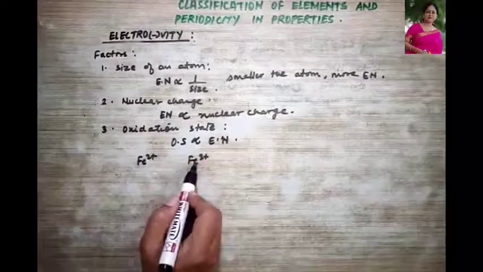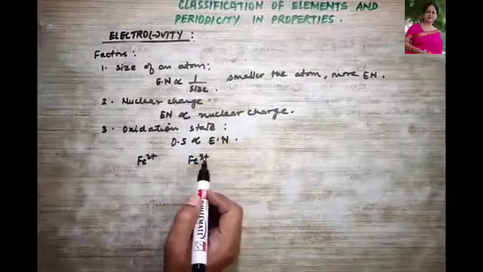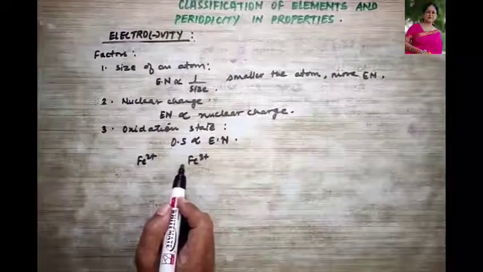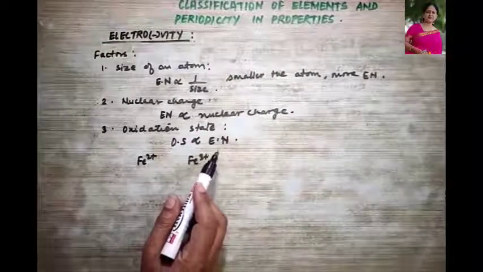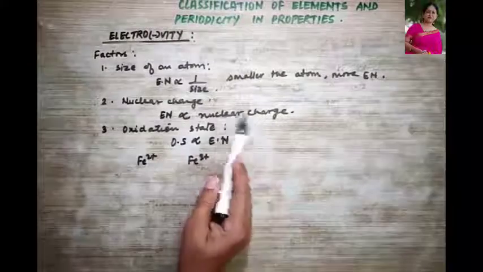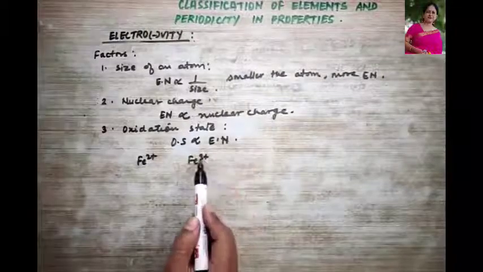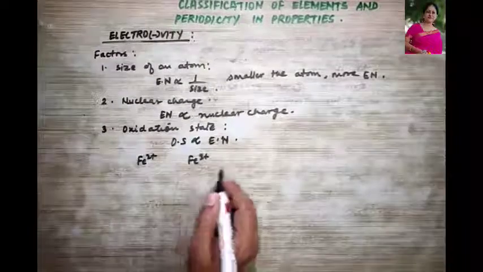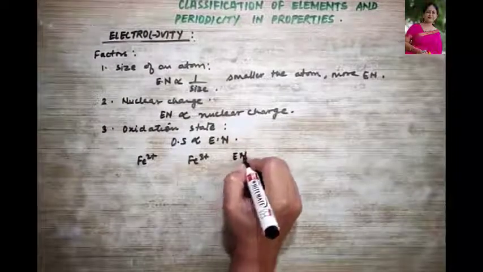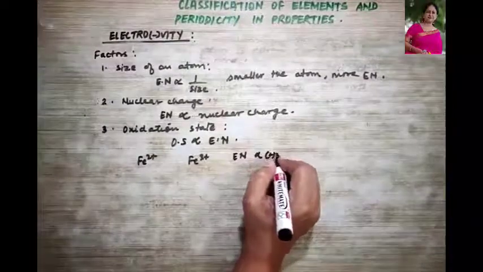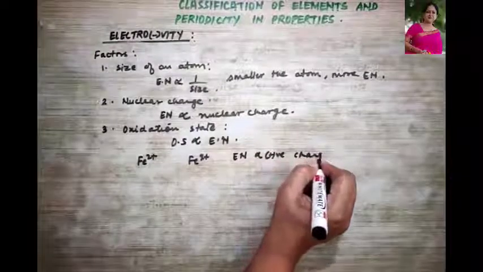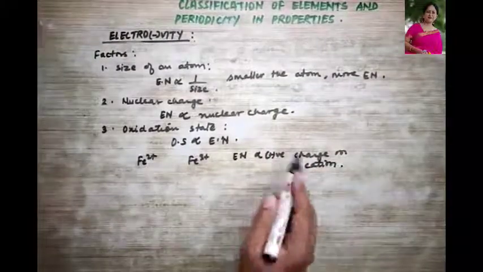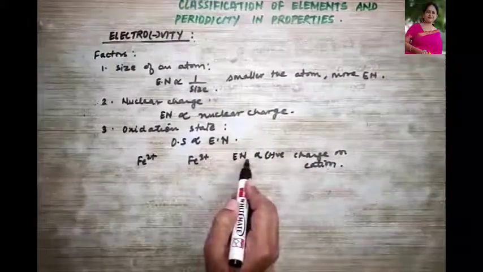Now look here, Fe3+ will attract more electrons, right? Why? Because electronegativity is directly proportional to the nuclear charge. So when nuclear charge is more, plus 3 is here. Remember, electronegativity is directly proportional to the positive charge on the cation. More the charge on cation, more is the electronegativity.